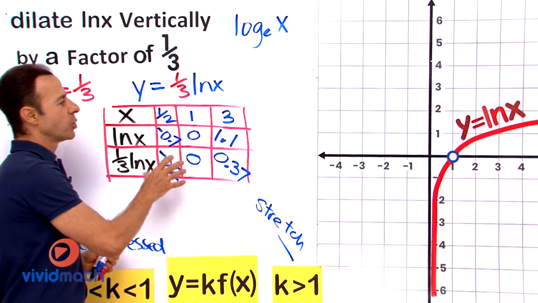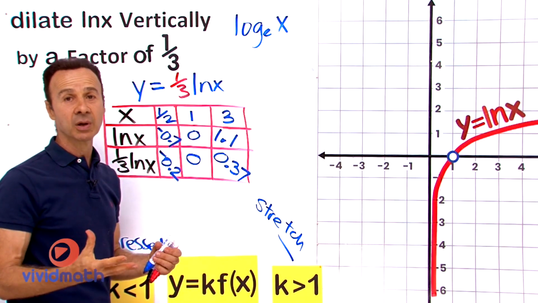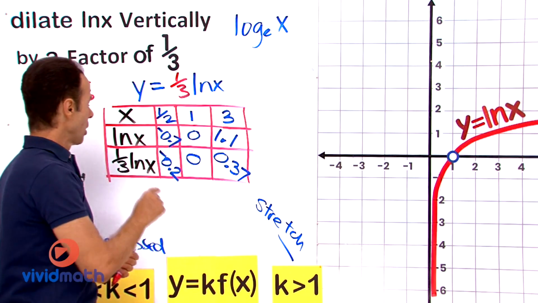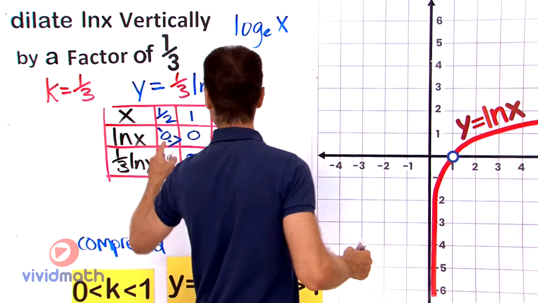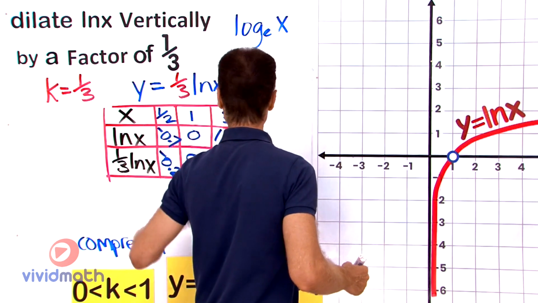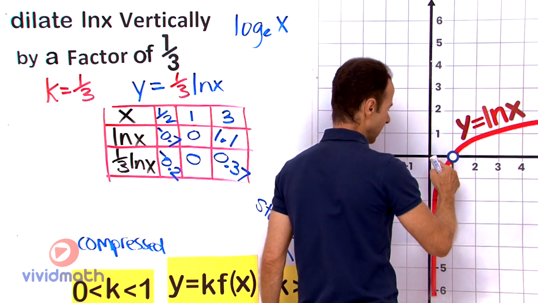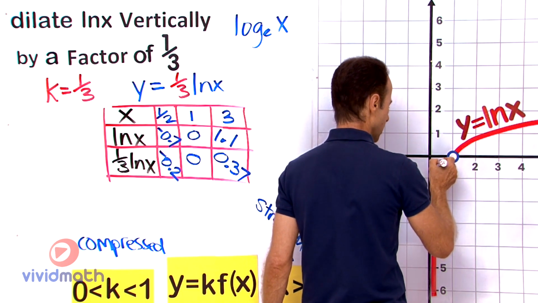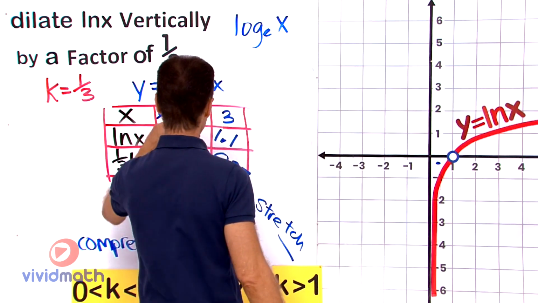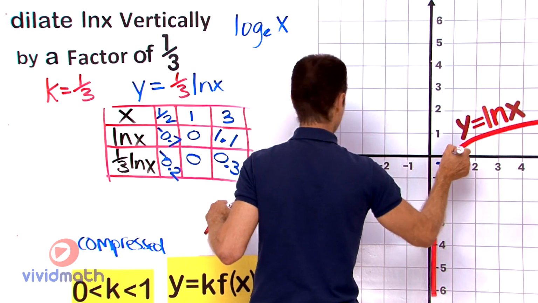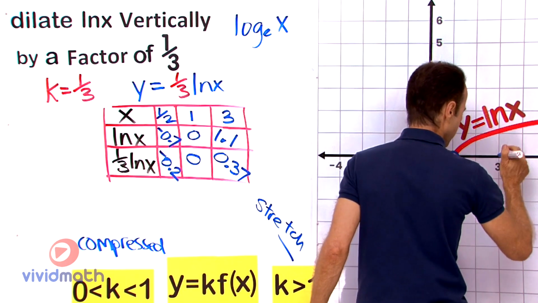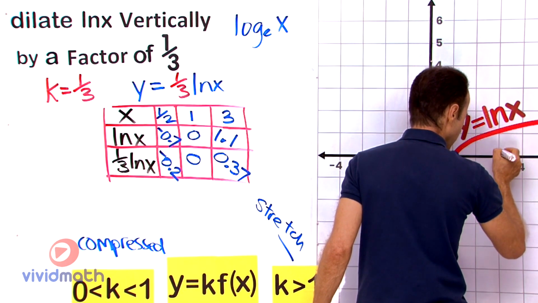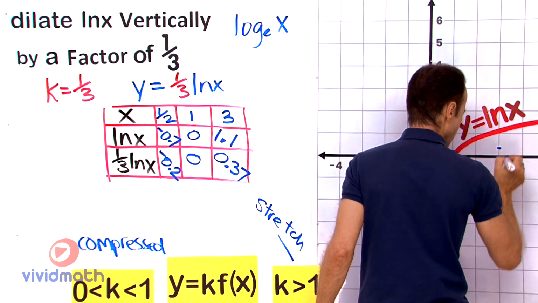Now we can take these points and plot them and take a look at how compressed 1/3 ln x actually is. So for 1/3 ln x, let's go for a half, negative 0.2. That's going to go approximately there. Then we have (1, 0), and then (3, 0.37). That should be about there.